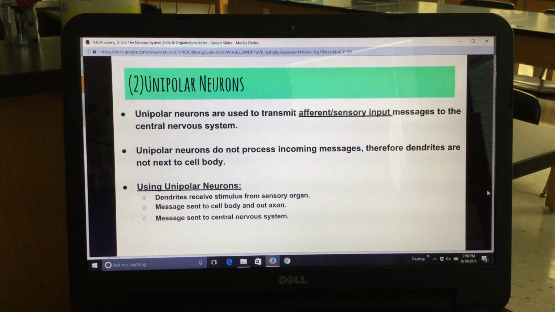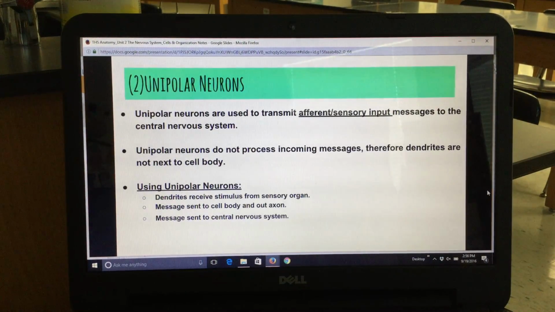Now again, one of the types of neurons I mentioned was a unipolar neuron. A unipolar neuron is used specifically in our bodies to send afferent/sensory input to the central nervous system. Notice in that first sentence that afferent and sensory have the slash in between them. Those words are interchangeable.